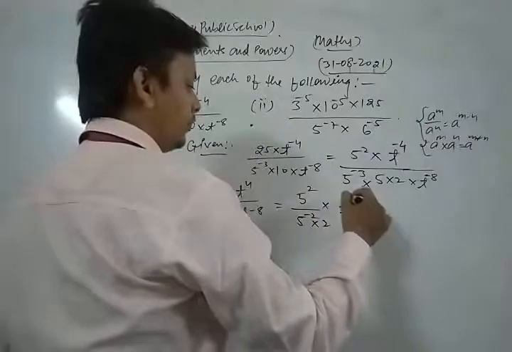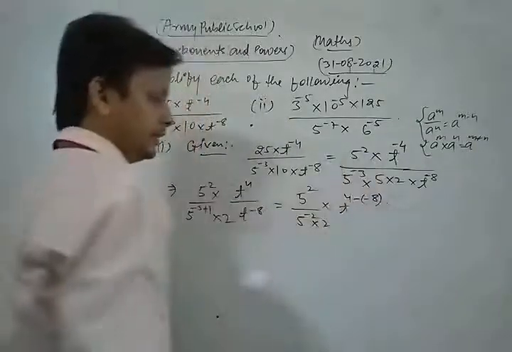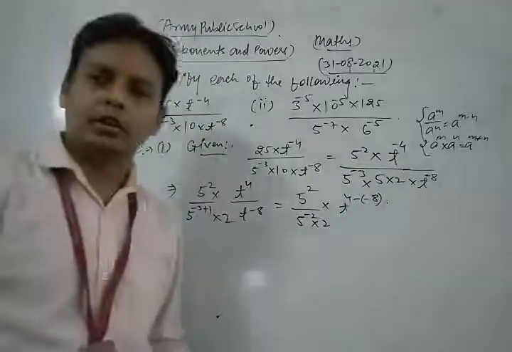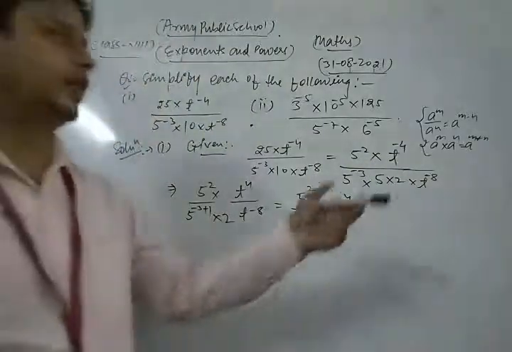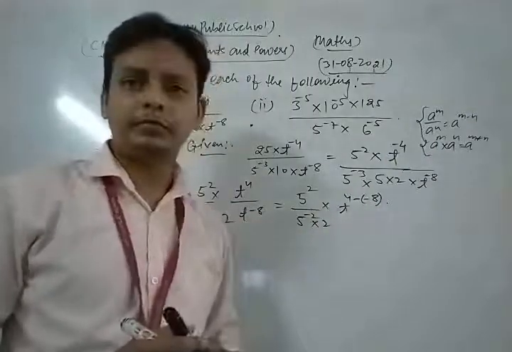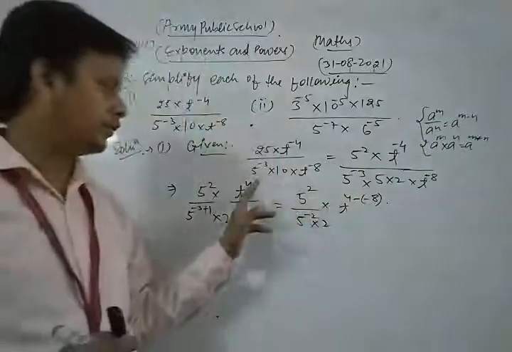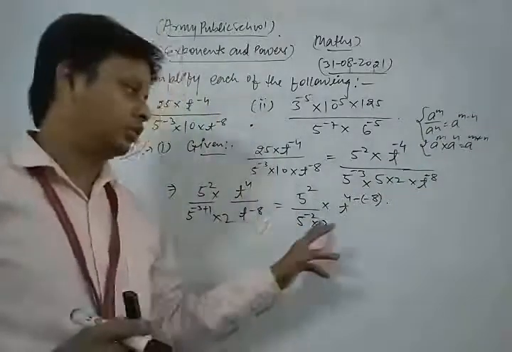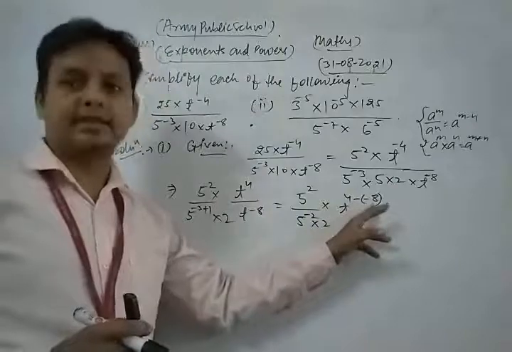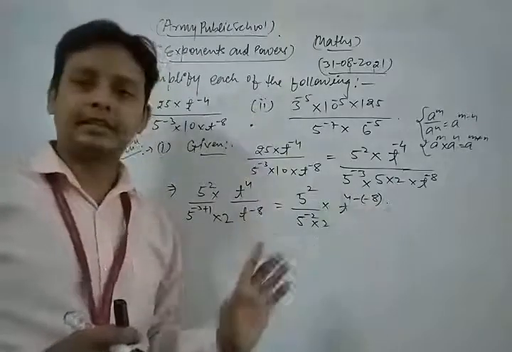We can write t to the power 4 minus minus 8. You know that dear students, a to the power m upon a to the power n is equal to a to the power m minus n. So here m is 4, n is minus 8, so we write 4 minus minus 8, because the value of n is minus 8. We write it in this way.